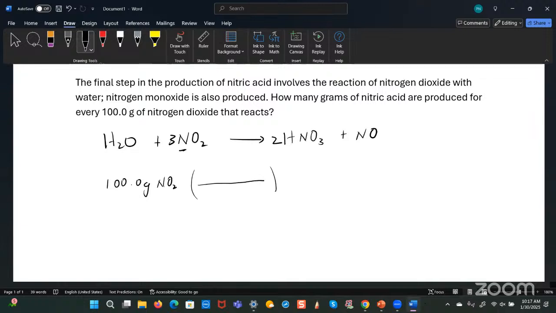Okay, so we're going to have 1 mole of NO2 above, and the molar mass of NO2 would be 14.01 plus 2 oxygen, so that's 32. So according to my calculations, the molar mass of NO2 is 46.01 grams. Okay, so this is going to cancel out with that. Okay, so what do you think the next conversion factor is?